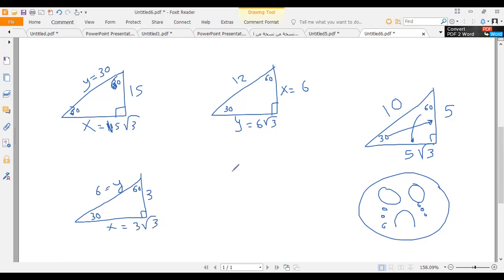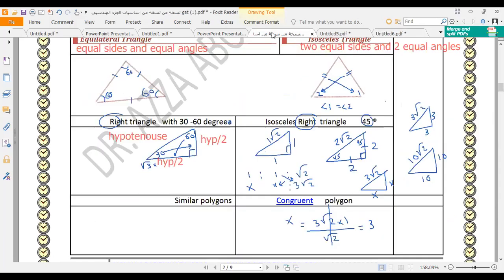Excellent. Is it clear? If this is 25, then this is equal to 50, and the other one is 25 radical 3. Yes, okay, thank you. Now let us see next together here.